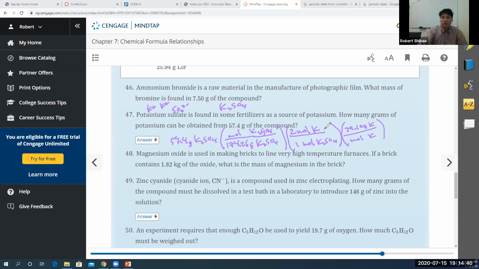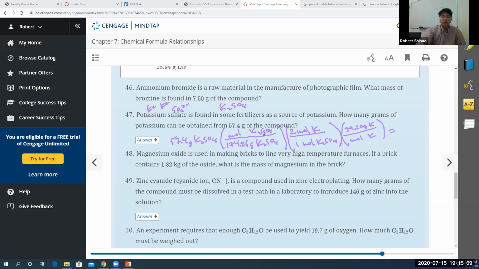Potassiums are the ions, K+, but we can leave it like this. What we're doing is a gram to mole, then a mole to mole conversion, as long as we know the mole ratios, and then a mole to gram conversion. That's going to give you the grams of potassium.